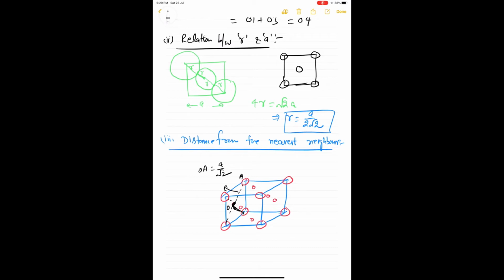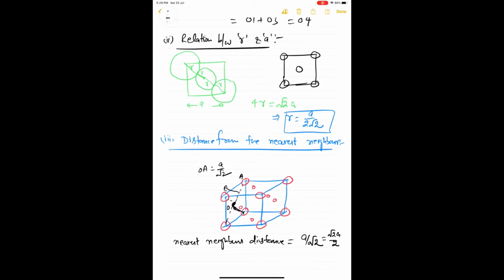Okay, so nearest neighbor distance is nothing but a by root 2, which is actually root 2a by 2, which is a by root 2.